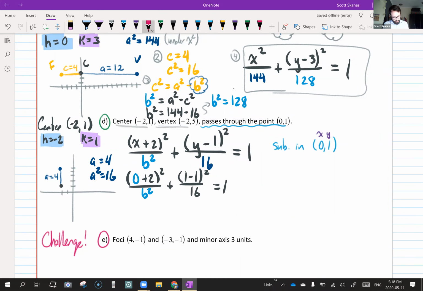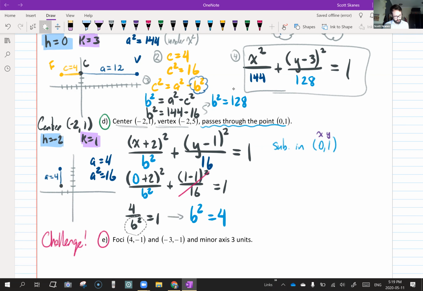Hey, look at that. 1 minus 1 cancels. It becomes 0, so that all becomes 0. That whole term cancels, okay? What am I left with? I'm left with 0 plus 2, which is 2, all squared, which is 4. That means that 4 over b squared is 1, which gives us b squared equals 4.